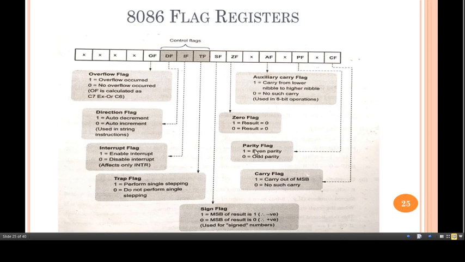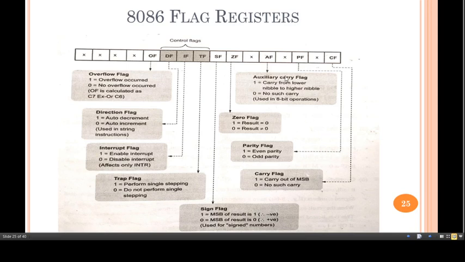This flag is set to 1 if the lower byte of the result contains an even number of ones. Whenever there is even parity, the parity flag is set, and whenever there is odd parity, the flag bit is 0.